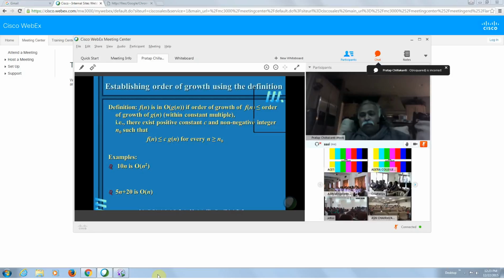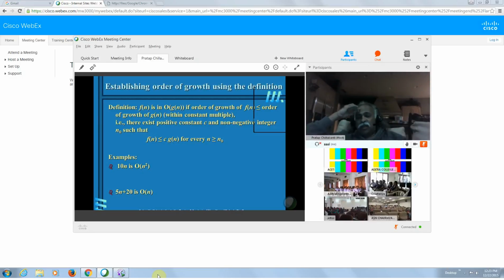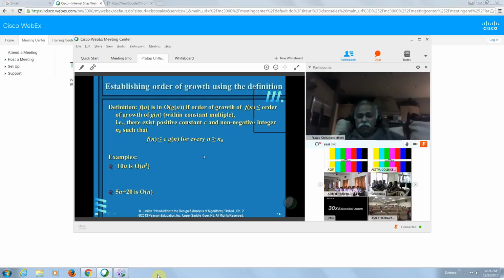Remember, we are ignoring the constant. When you see n there, it's order of n. Same thing, 5n plus 20, ignoring the constant, you see the factor n there, so it's order of n again. So that's a typo.